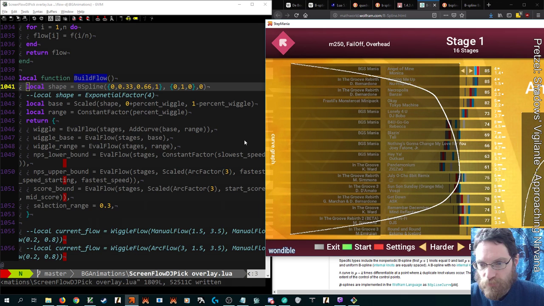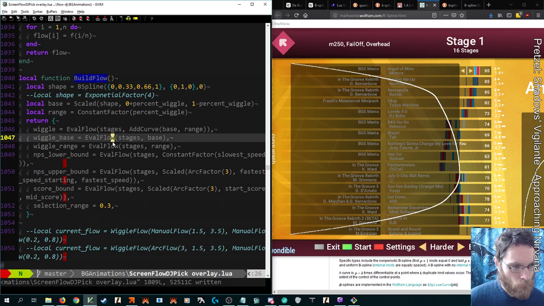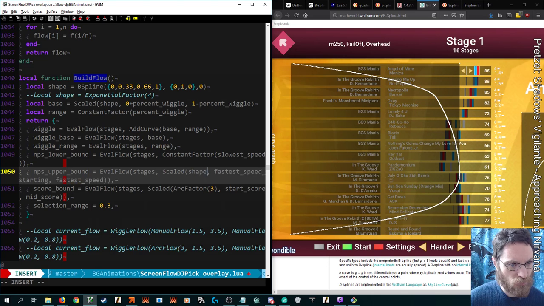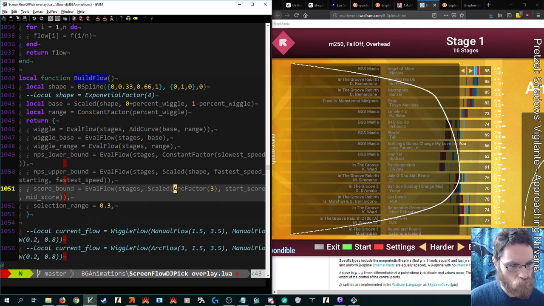So we've got lower bound, upper bound. So in theory, scaled arc factor 3. Oh, so that lets us reuse this. Scaled to different things.